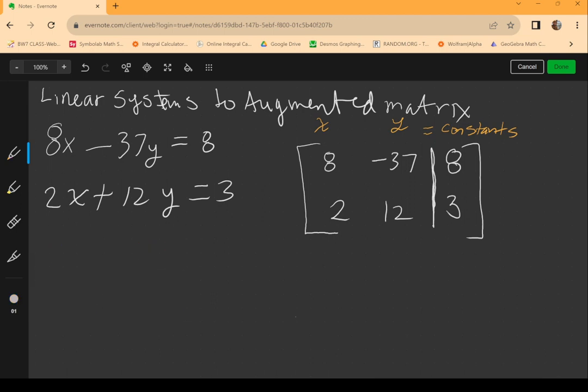Okay, so now let's take a look here. Notice that the process for a 3x3 is going to be exactly the same. So let's say, for example, we had 6x plus 12y plus 16z is equal to 4.